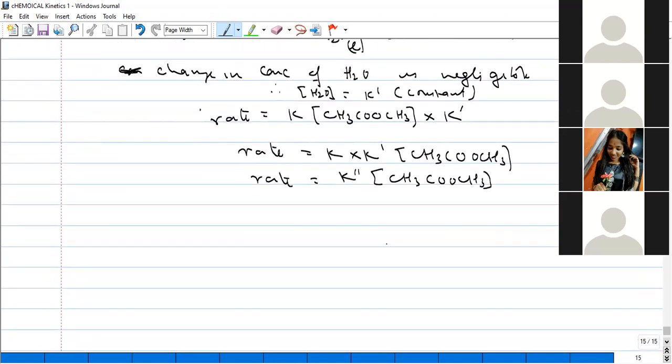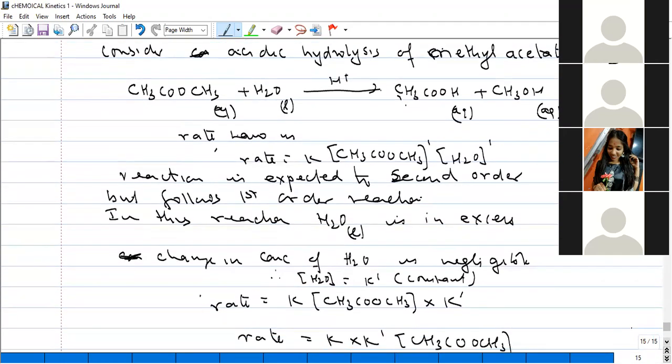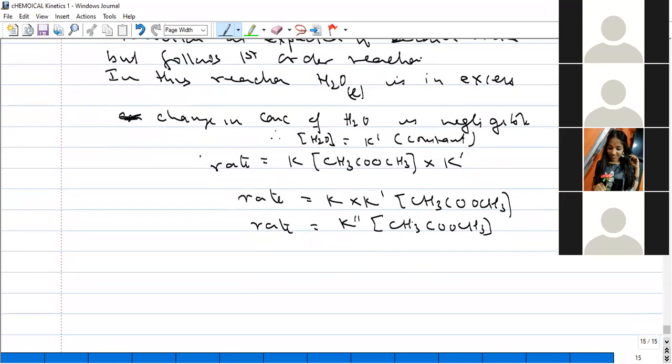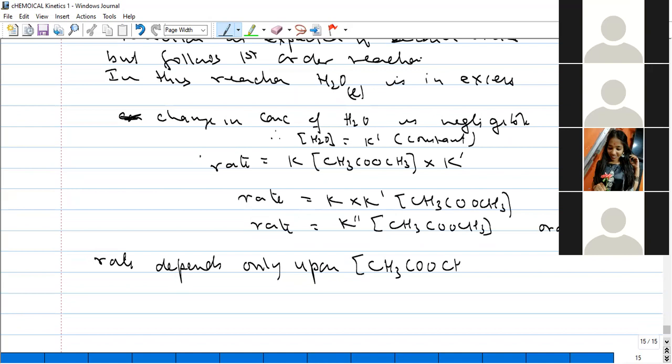So this rate law has changed. Earlier the order was 2, now the rate law is of order 1. Earlier there were 2 reactants, now the order becomes 1. Therefore, here the rate depends only upon the concentration of methyl acetate, not on the concentration of water.